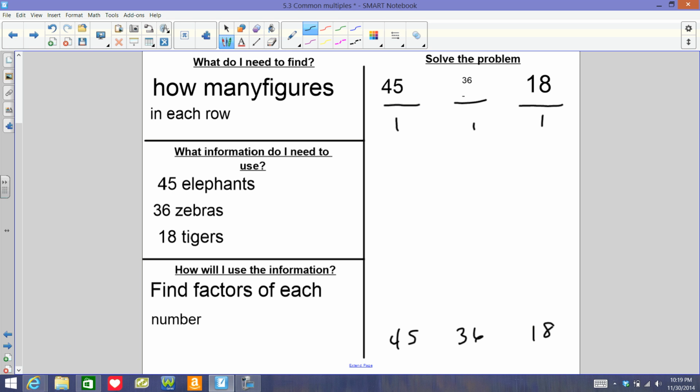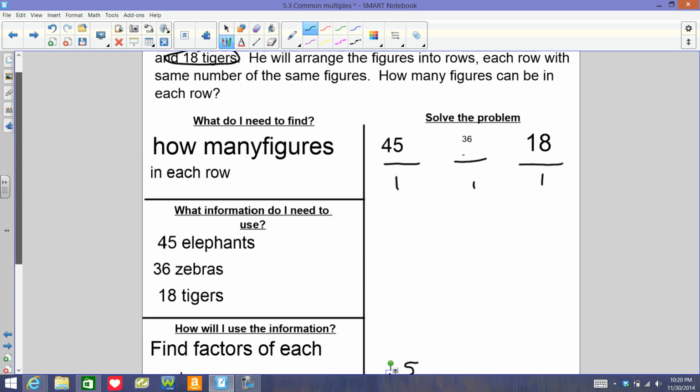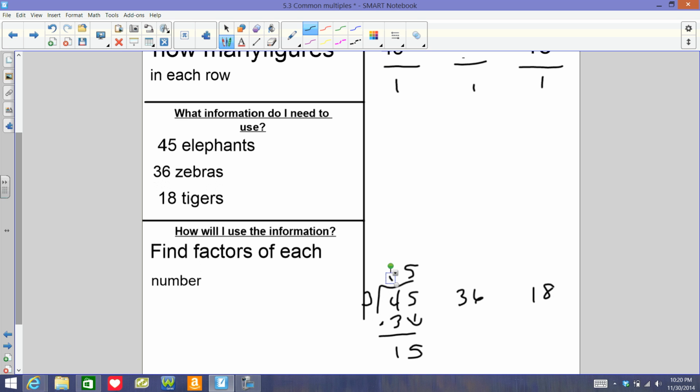How about 3? Can 3 go into 45? If I don't know, I can do my division. 3 goes into 4 one time. Bring down the 5. 3 goes into 15 five times, so my answer is 15.